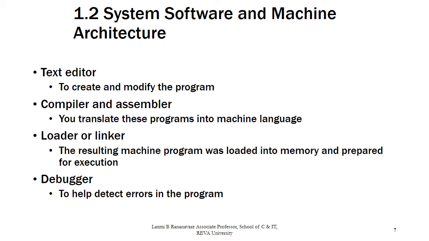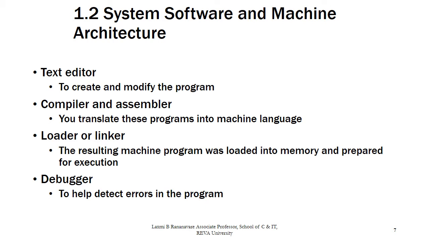Microsoft Word might have been used for creating documents, or we create a text file, or in Unix or Linux operating systems we use the vi editor or Vim editor, or we use the gedit editor. All these are different kinds of editors which help us to create a program, and we can modify it using the text editor.